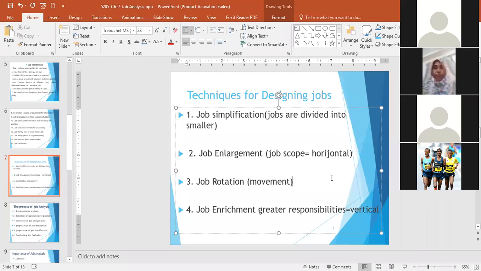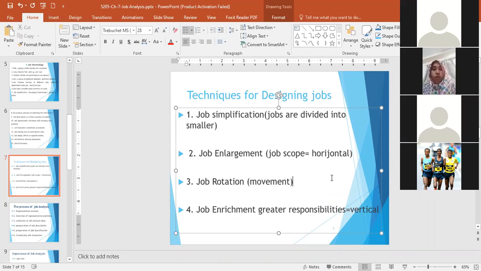So greater responsibilities, okay, greater responsibilities. When the responsibility changes to a greater one, then it's called job enrichment, okay. And this one is vertical. Yes, vertical, ma'am.